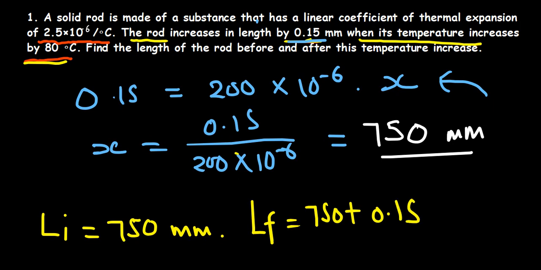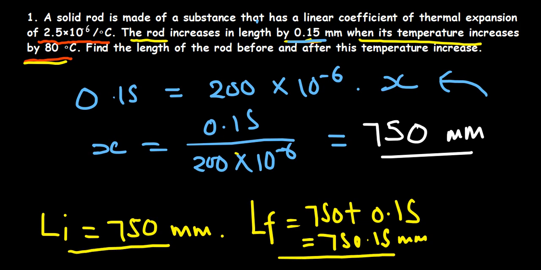So L final will be 750 plus the 0.15, so we are going to have 750.15 millimeters. This is the length after the temperature increase. This is the length before the temperature increase.